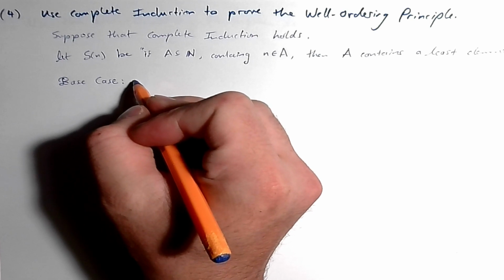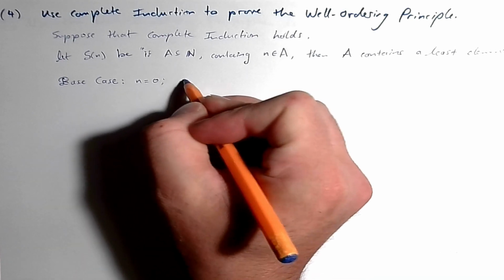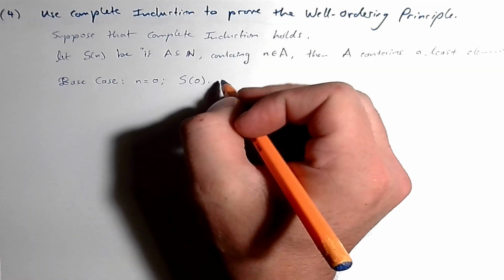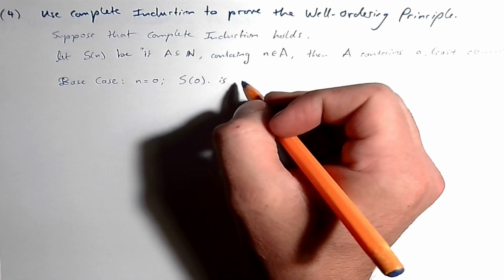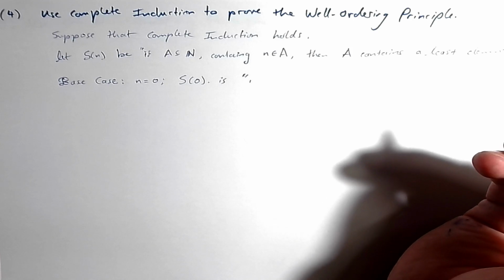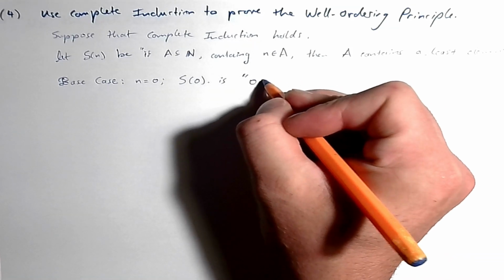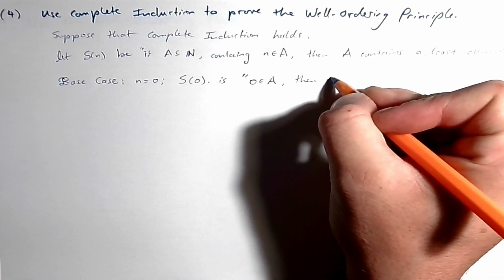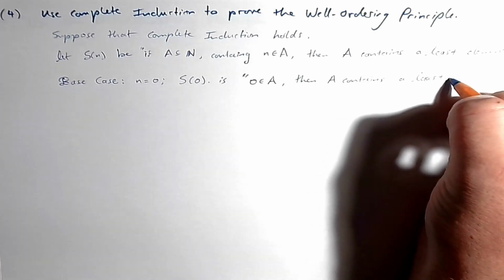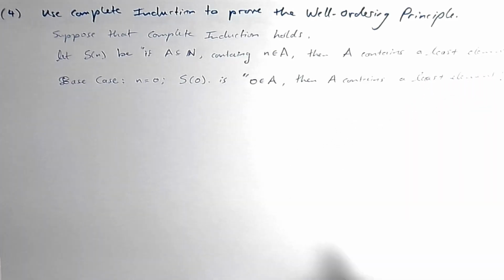So for our base case, we want to show that this statement is true: if A is a subset of the naturals and 0 is in A, then A contains a least element, which is true because clearly 0 is the smallest number for any set of natural numbers. So the base case holds.